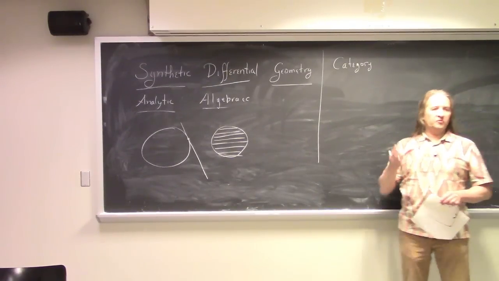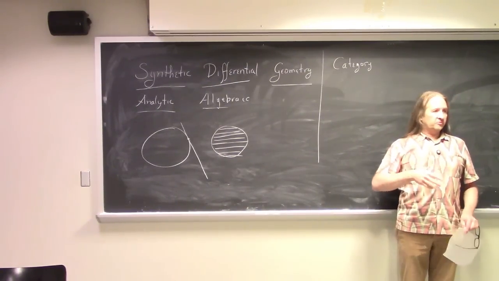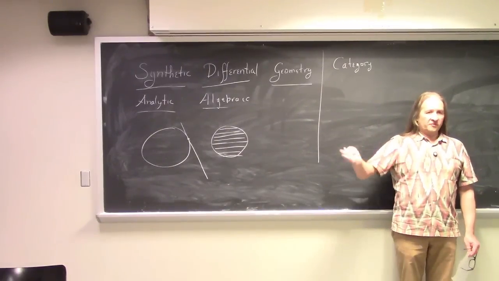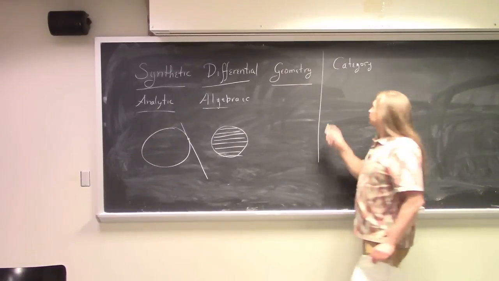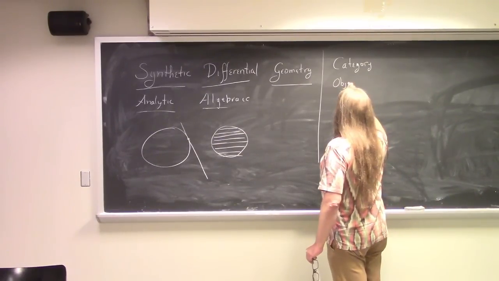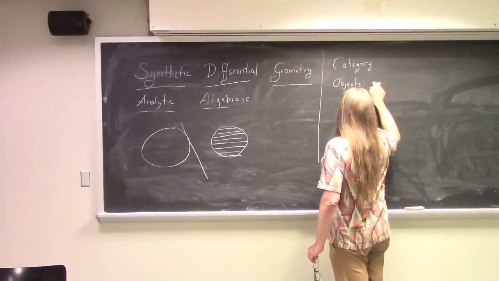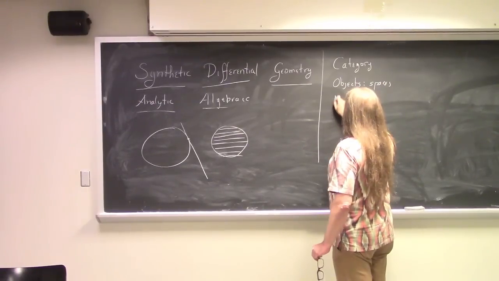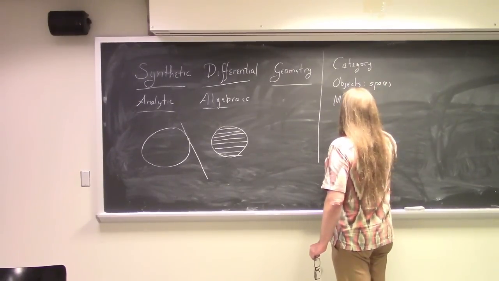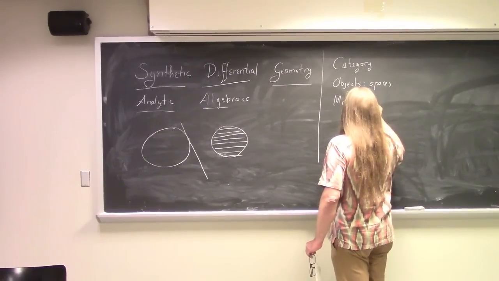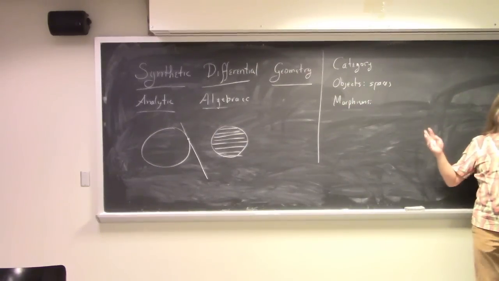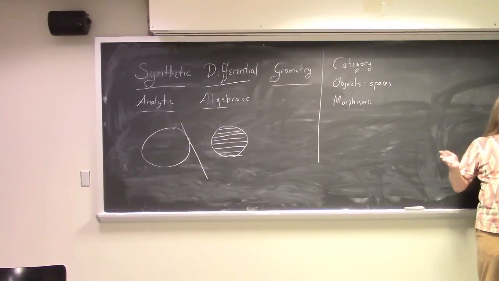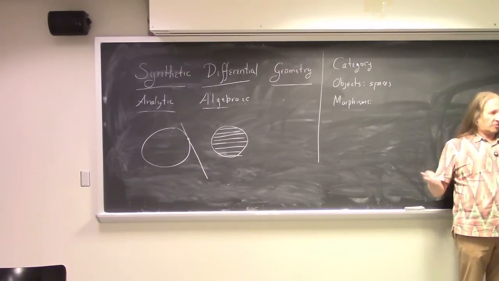So for example, if we were doing Euclidean geometry, they would include things like points, lines, planes, circles, and whatever other spaces you'd encounter there. And the morphisms are going to obviously be some maps between these spaces.